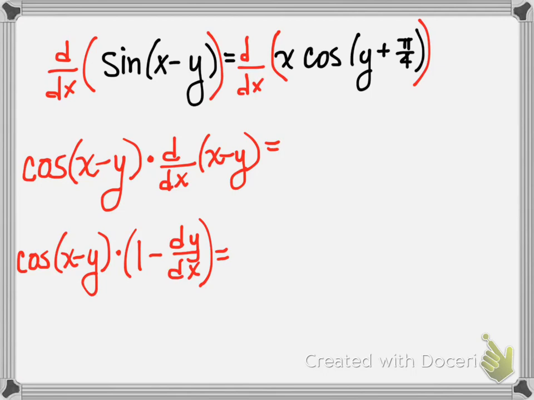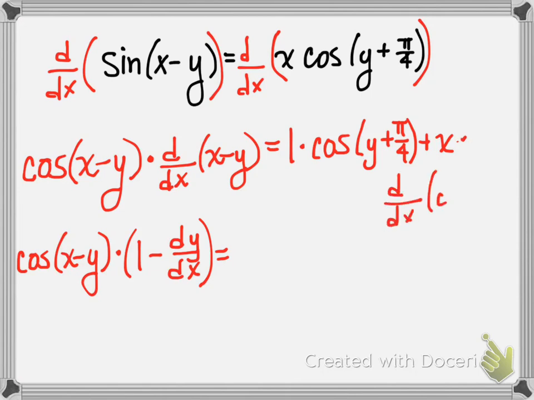So I get 1, because that's the derivative of x with respect to x, times cosine of y plus pi over 4, plus x times the derivative with respect to x of cosine of y plus pi over 4.